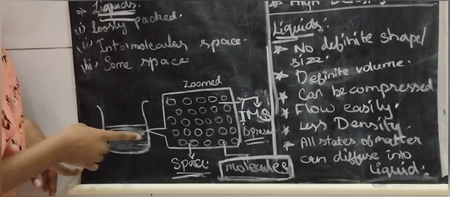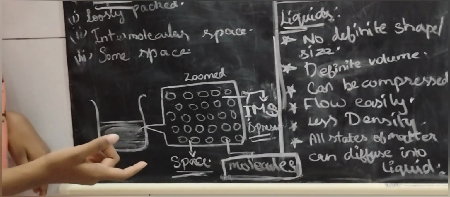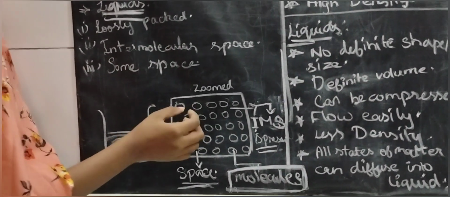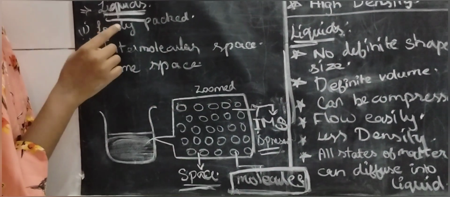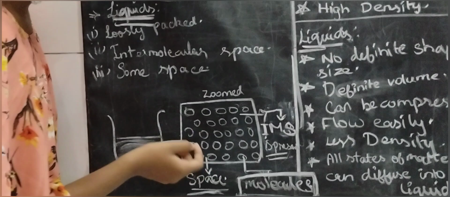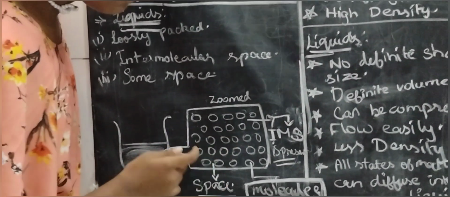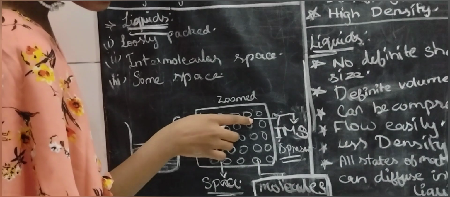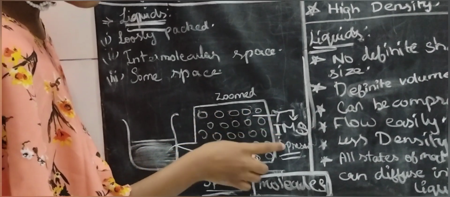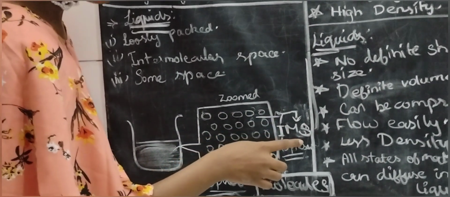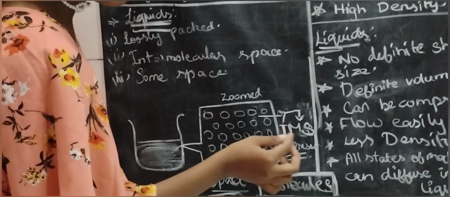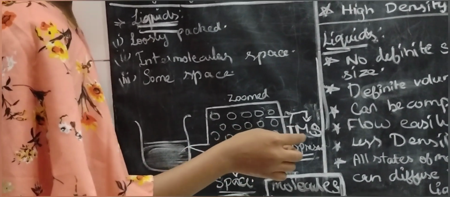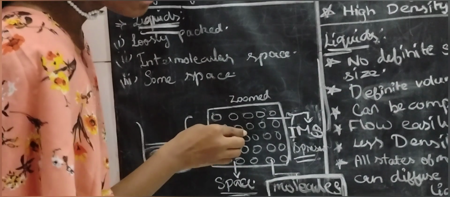Inside the water, if we zoom in with a microscope, we can see that the particles are loosely packed, according to the states of matter we have learned. So it is loosely packed like this. They have space between them. This space is called intermolecular space, which I have written in short as IMS. So they have intermolecular space present inside them.